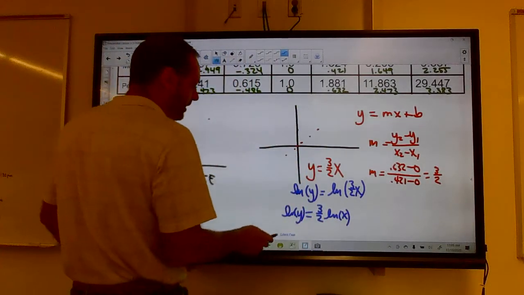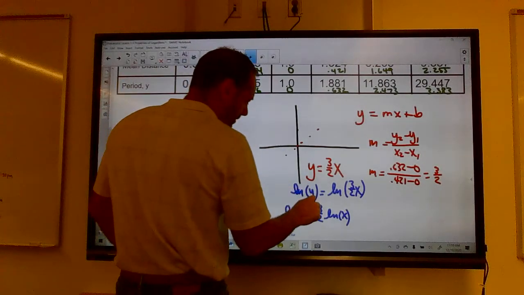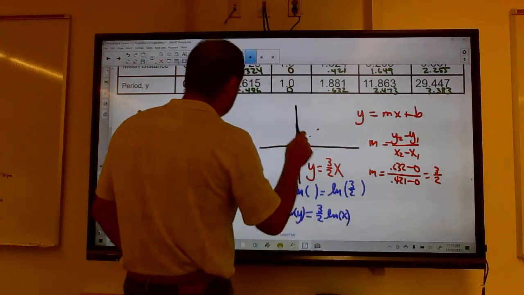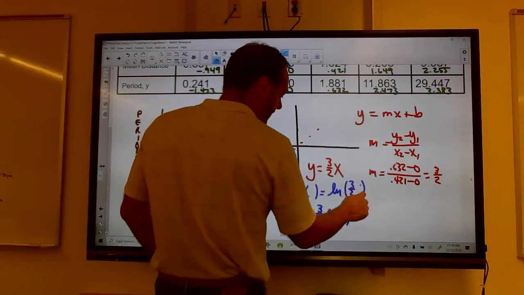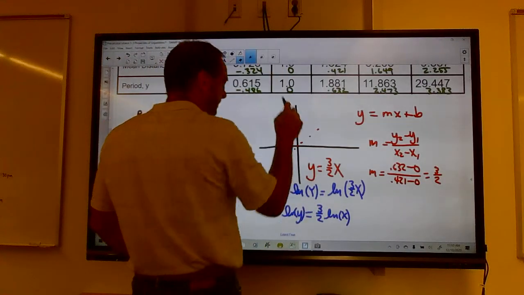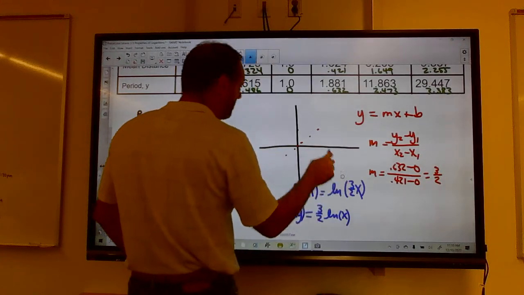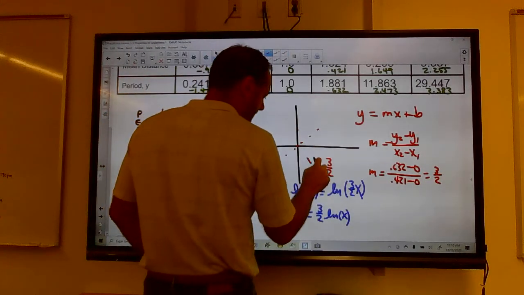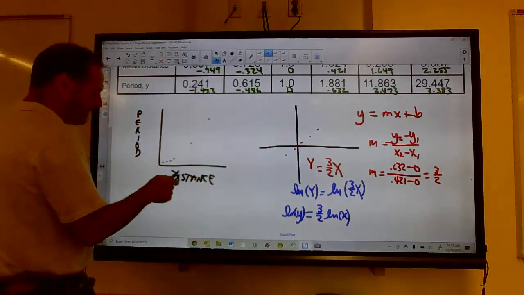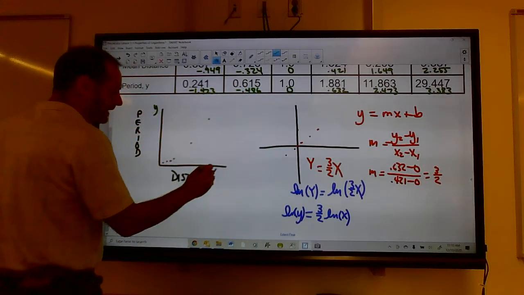Okay, so we got to be careful here. This is little x and little y. This was actually a capital X and a capital Y. The x and y go here, and in this equation, this is little y and little x.